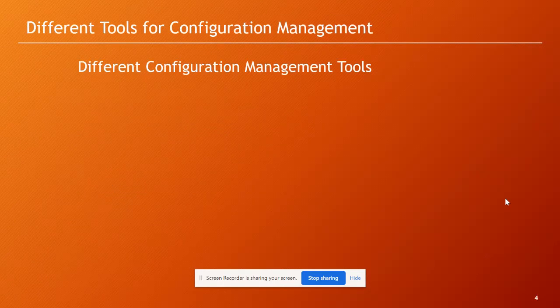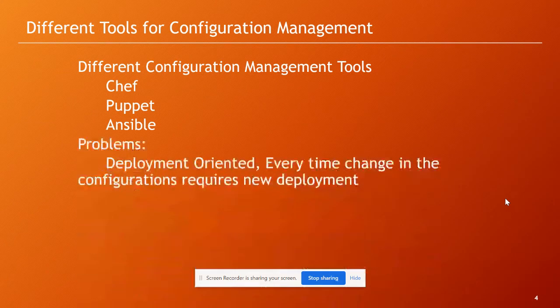So we'll see what different types of configuration management tools we have. Some of them are Chef, Puppet, and Ansible. These are very popular tools for configuration management, but they have some drawbacks. They are deployment oriented.